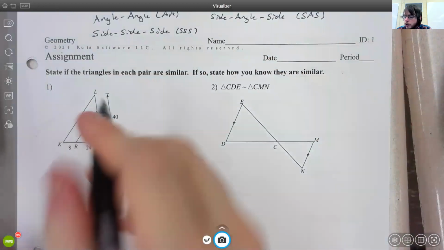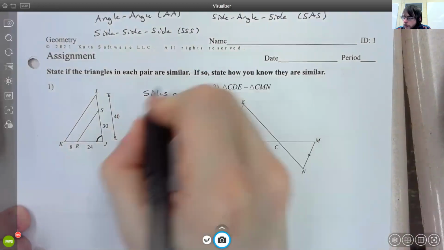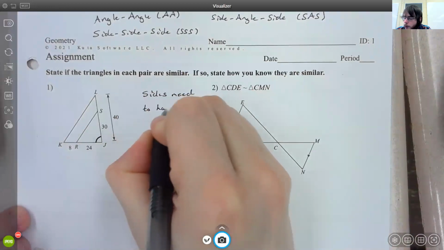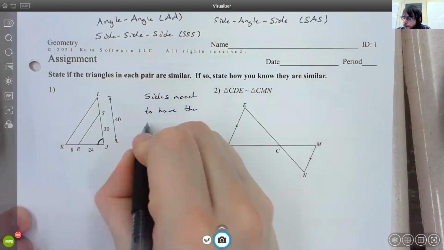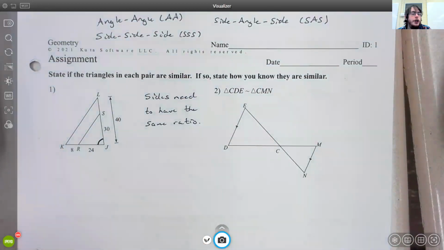Now, let's determine if we have side angle side. If you remember, the sides need to be proportional. So that means that they need to have the same ratio. You can figure out which triangle you want to start with, the small one or the big one.